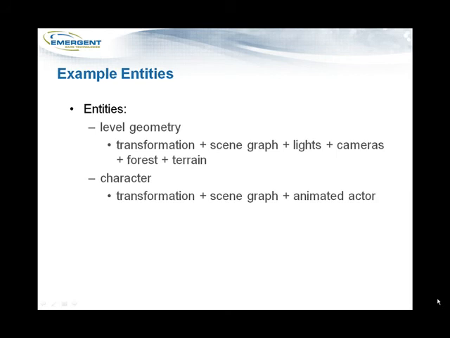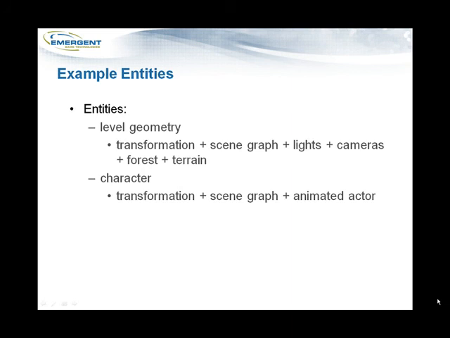So for instance, if you had a single entity that held your level geometry, there would be some terrain, perhaps. There would be a forest, perhaps. Maybe some fixed cameras, some fixed lights, some static geometry in a scene graph, and a transformation.